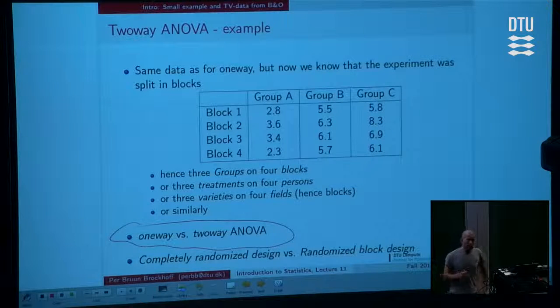It's pretty much always a good idea to do the randomized block design, at least if you expect the blocks to be important, if you expect people to tell you different things. In medical studies, medical tests, clinical trials, for instance, you do expect that people react differently to drugs, right?